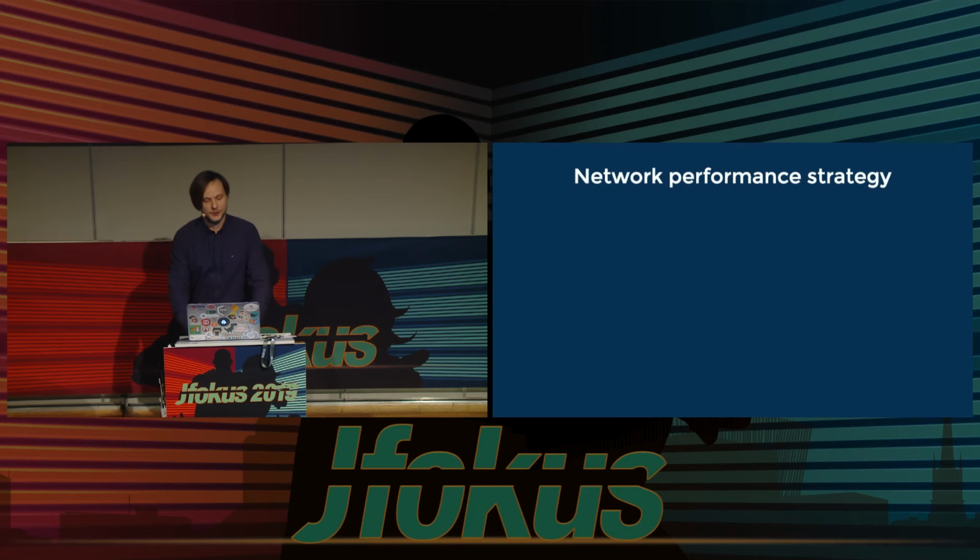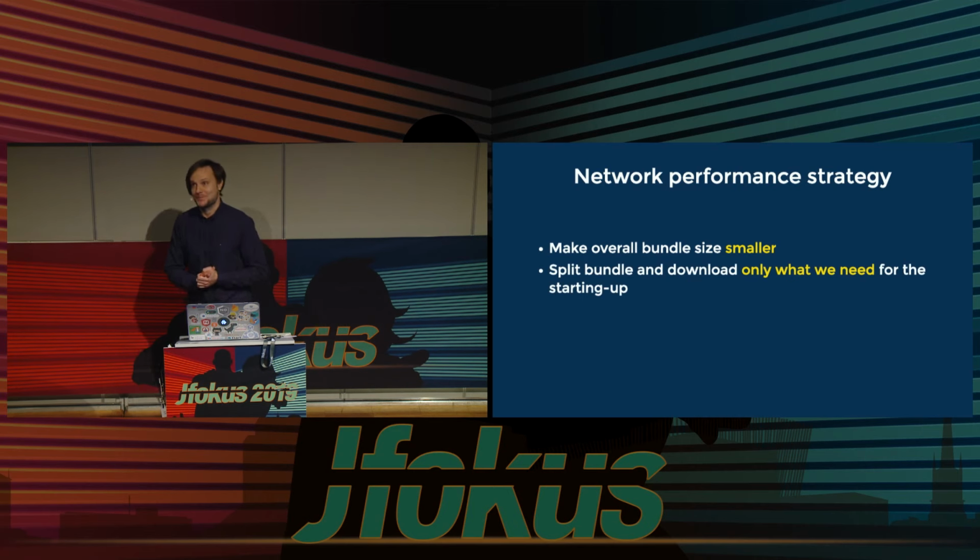Network. Let's start with this. What are the solutions to make our app work, taking into account network limitations? As I already said, the smaller the app, the faster it will be downloaded. But it's not that simple, right? We can make the overall size a bit larger than one monolithic bundle if we split it into chunks.